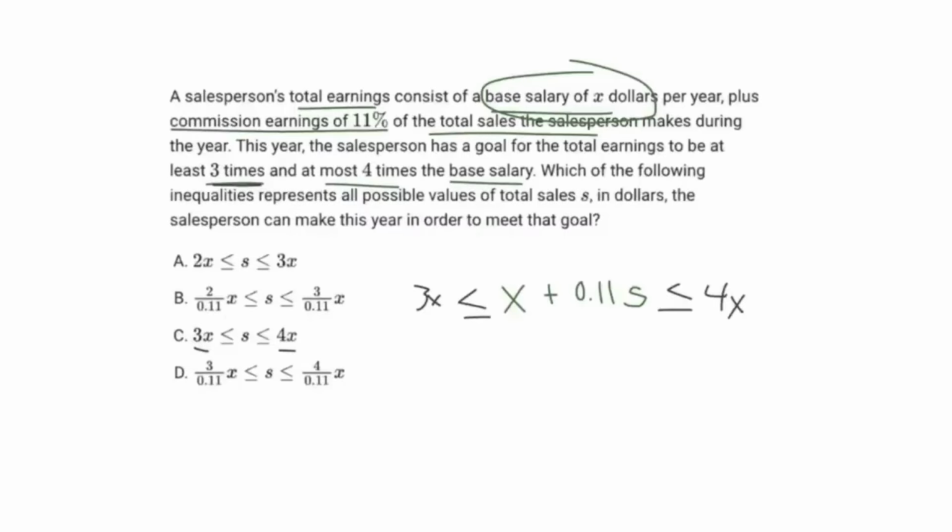So here, very simple, we can just subtract x on all sides, and we end up getting 2x less than or equal to 0.11s is less than or equal to 3x. And now again, we want to isolate for s because you see in all these answer choices, s is by itself in the middle as the total sales.